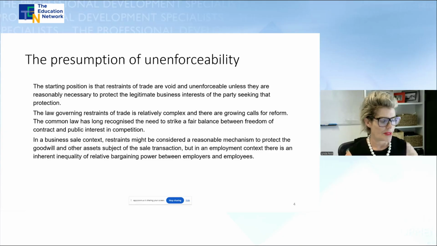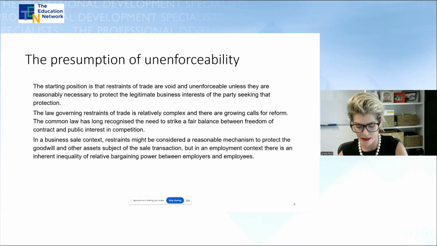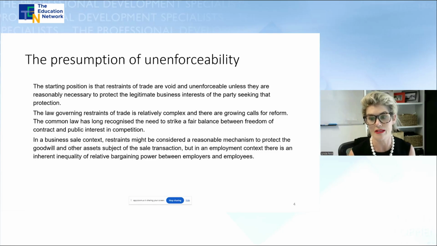Particularly in a business sale context, a restraint might be considered a reasonable mechanism that is necessary to protect the goodwill that is the subject of that sale transaction. I'm about to hand you $1 bajillion for a business that I see value in, but if you walk out the door and set up next door to me and start up something that is in direct competition with that business, I'm handing over my money and seeing the value literally walk out the door.